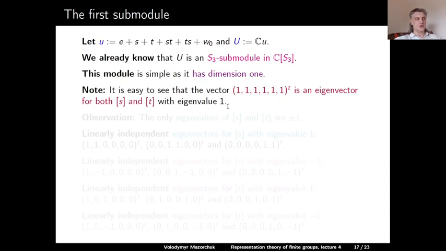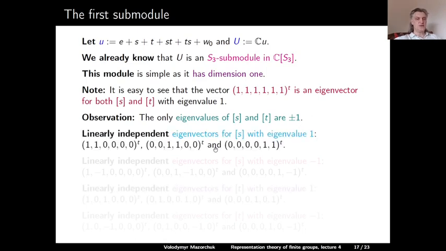So let us now look closer at eigenvectors for our matrices with different eigenvalues. Since both S and T are transpositions, they satisfy the equation that their square is equal to 1. So the only eigenvalues for these matrices are plus and minus 1.